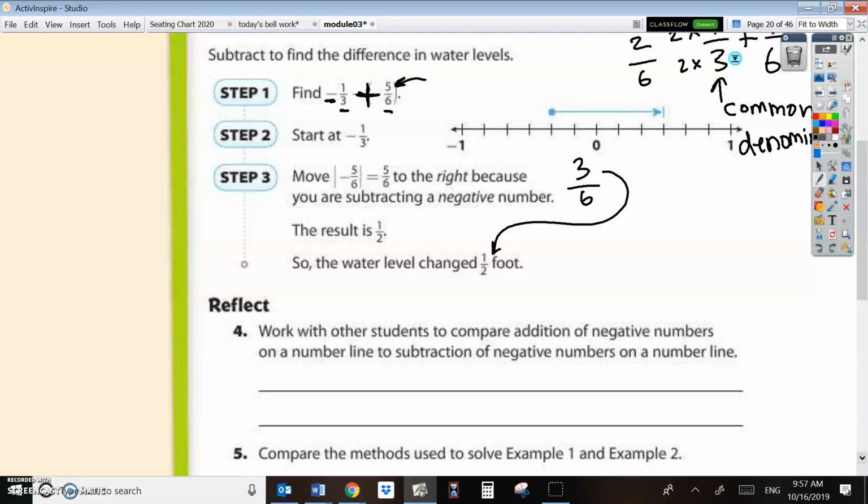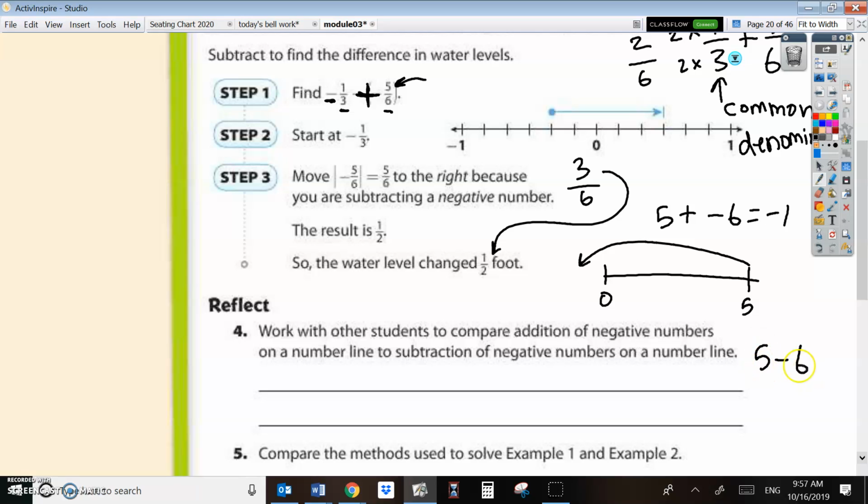Compare addition of negative numbers on a number line to subtraction of negative numbers on a number line. So 5 plus -6, here's 0, here's 5, negative 6 goes right here to negative 1. And then 5 minus 6, we'll put that one in red.